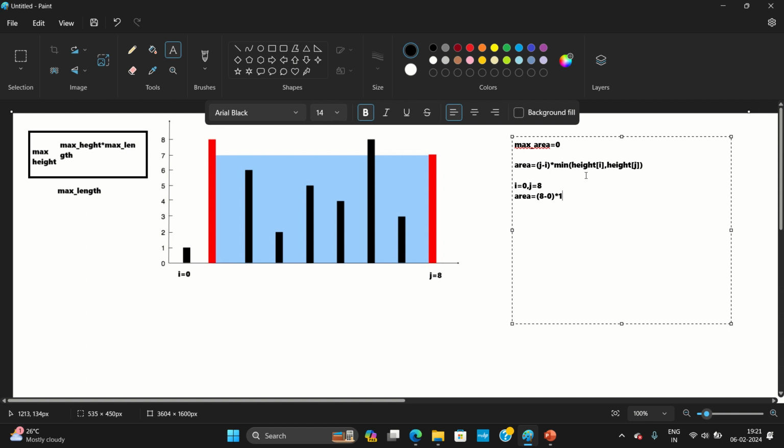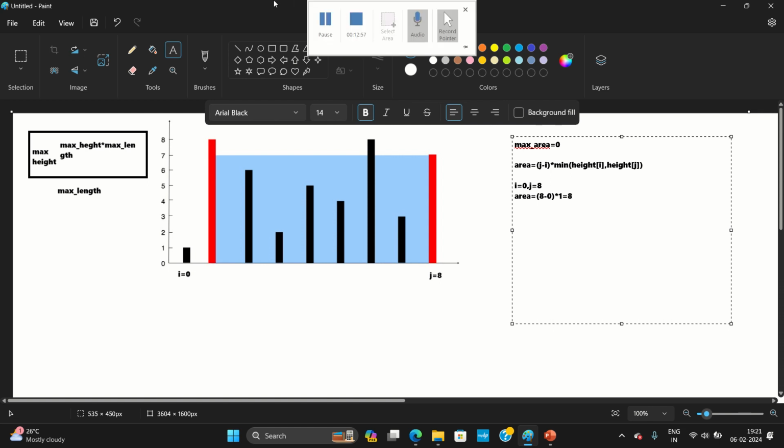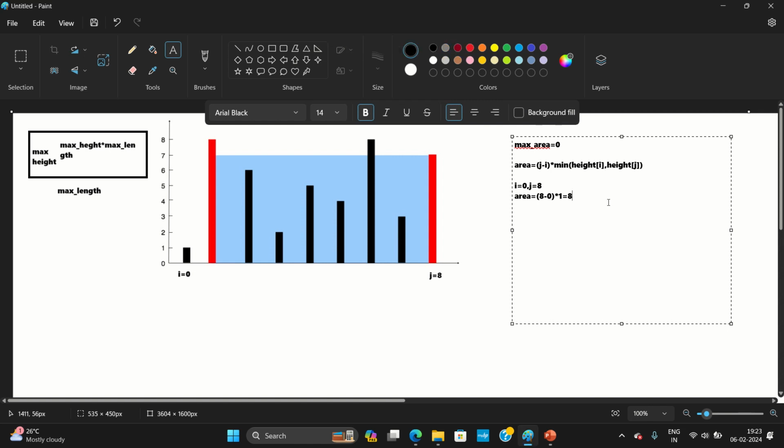So 8 into 1 is again 8, right? So max area is equal to 8 in the first step. And as area is equal to 8, it is greater than the previous max area, so max area is equal to 8.